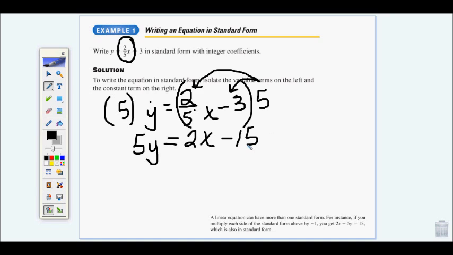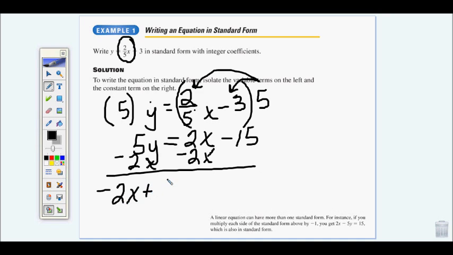Now I can make sure that my variables with their coefficients are on the left side. So I need to move my 2x, and to do that, I need to subtract it from both sides. And then I always write my x term first. So I'm going to write negative 2x.